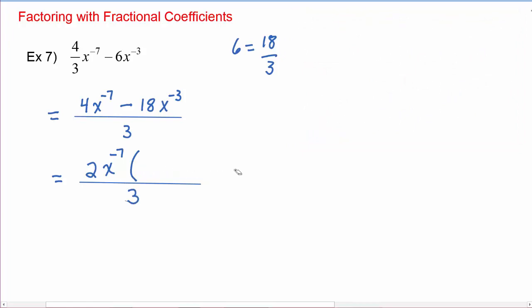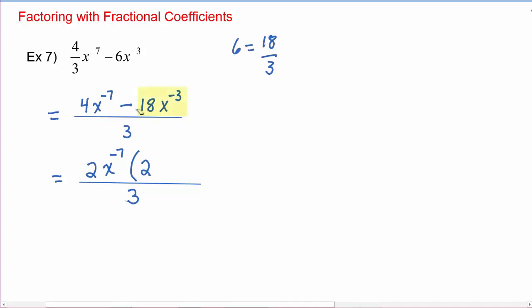Now, when we get ready to write what's left inside, we know we have to do 4x to the negative 7th over 2x to the negative 7th. So the x to the negative 7s will cancel. 4 over 2 is 2.